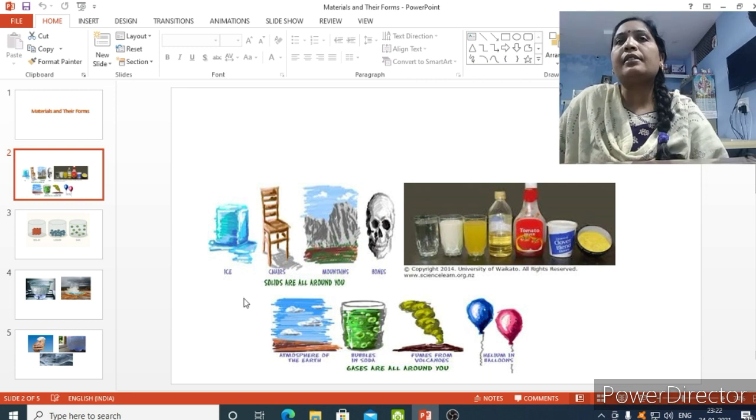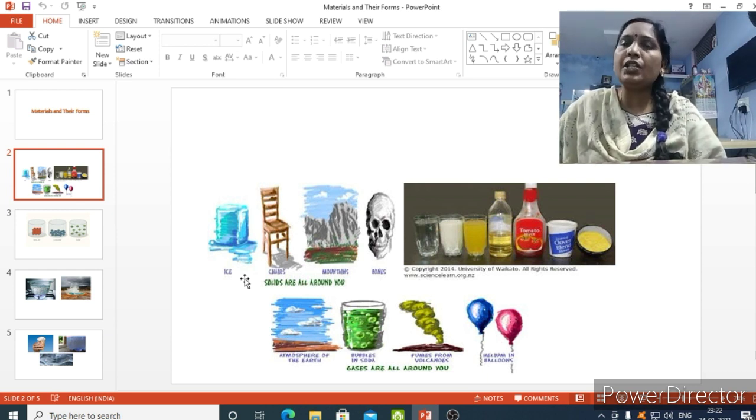In tomorrow's class, we are going to learn how solids, liquids and gases interchange their shapes, from one form to the other form, how solids can come into the liquid state, and how liquids will change into the gaseous state.